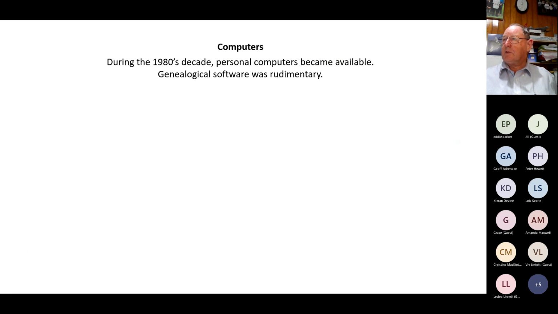Then came computers. During the 1980s decade, personal computers became available, and with them, genealogical software. Typically, compared to today, the software was rudimentary and only a repository for the family tree and supporting events, dates, places. And I started using a computer in about 1987.